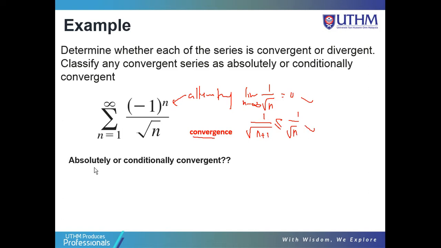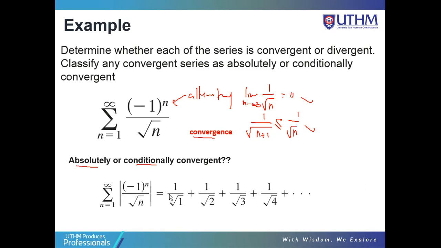So we need to find whether it is absolutely or conditionally convergent. So we put the absolute value and then we expand.